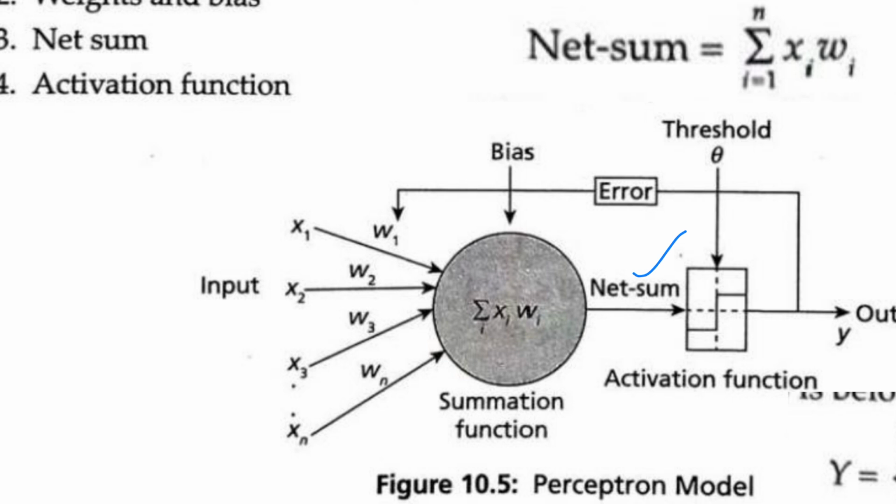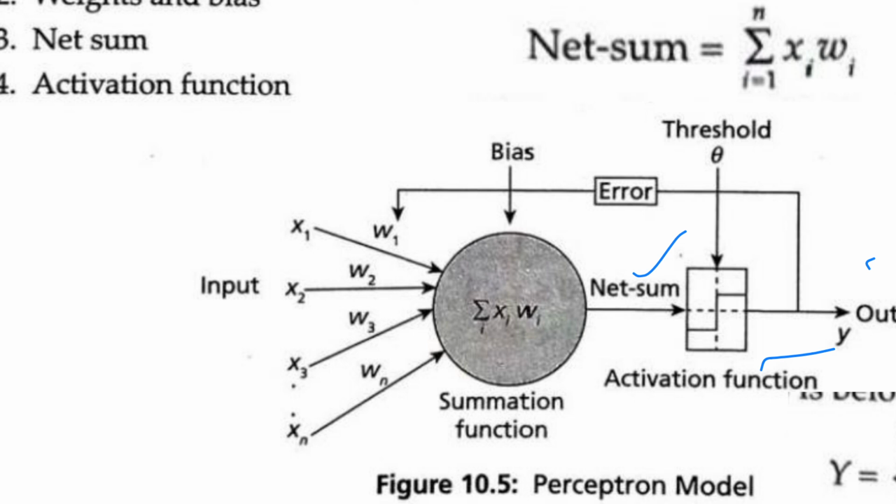For the purpose of updating the weights, we need an activation function. There are different activation functions, which take two inputs: one, this collective sum, and the next, the threshold. It produces the output.